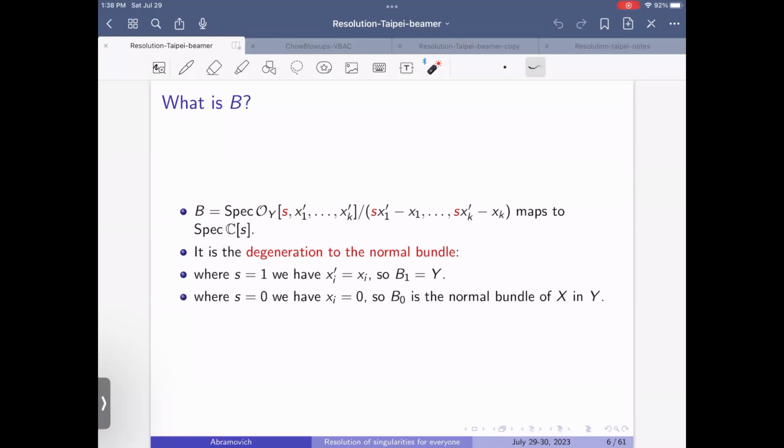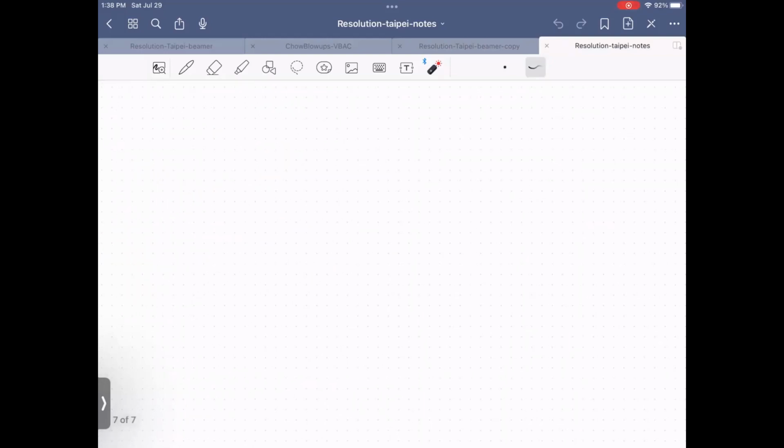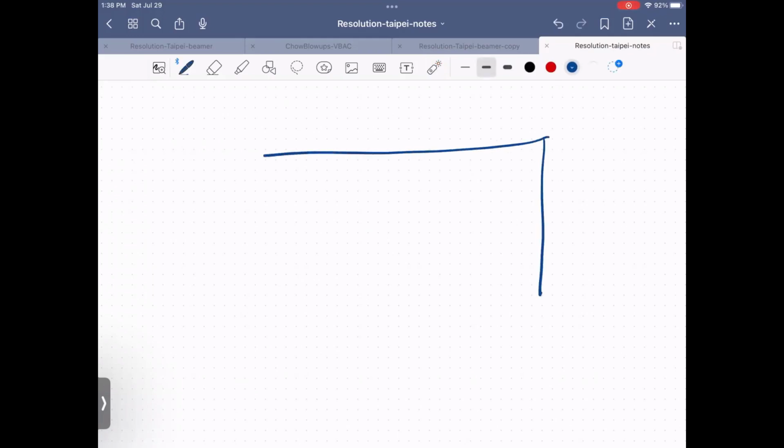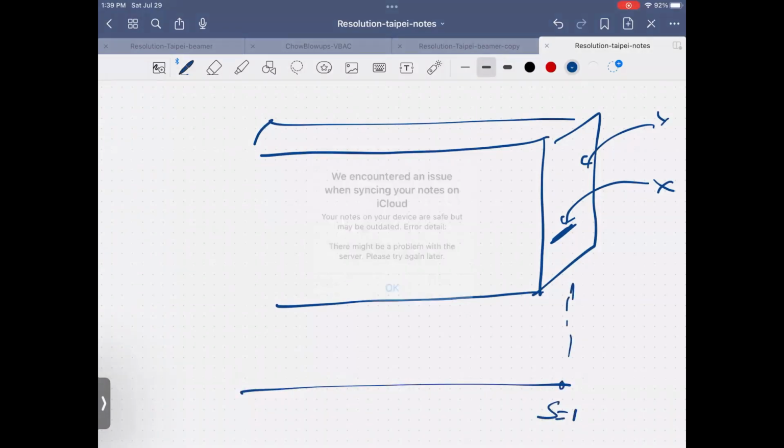So let me draw pictures. I'm drawing here x, and here's y. This lies over s equals 1.